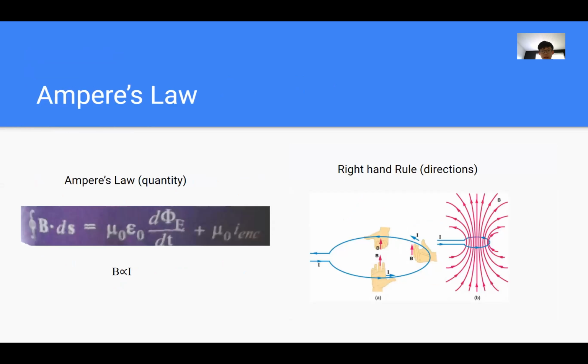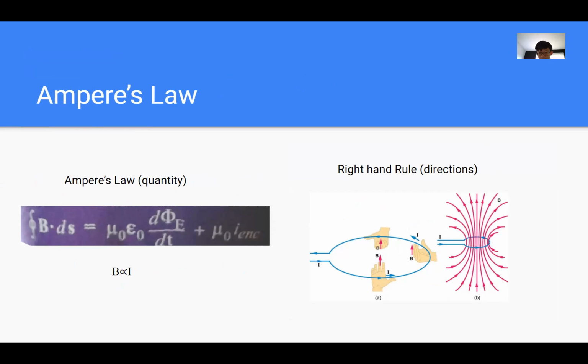And here's Ampere's law. We also need Faraday's law, which we just learned, and a very important thing is the right-hand rule. We don't need to worry about the laws here, but we can look at the right-hand rule first. It tells us the direction in which, in Faraday's law, a flux will be induced.